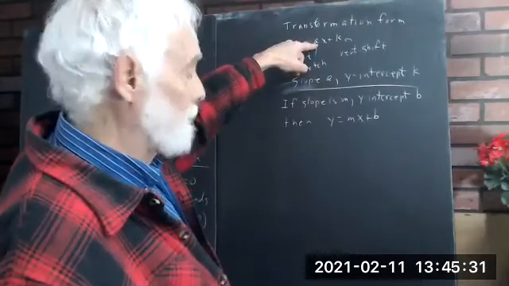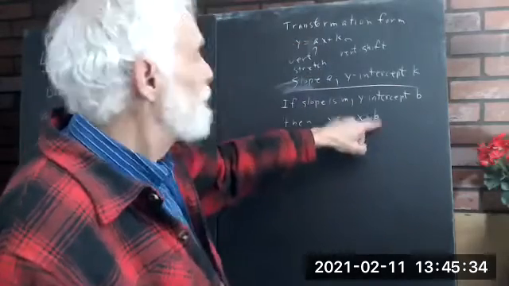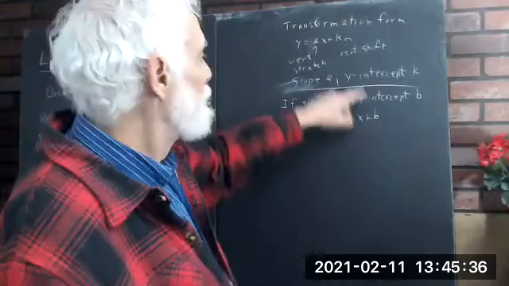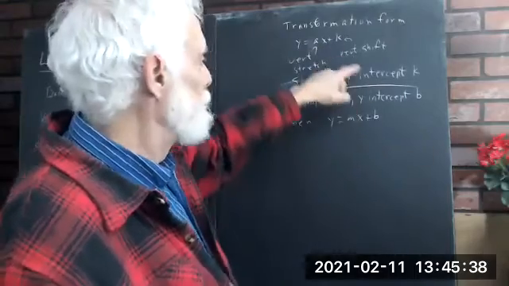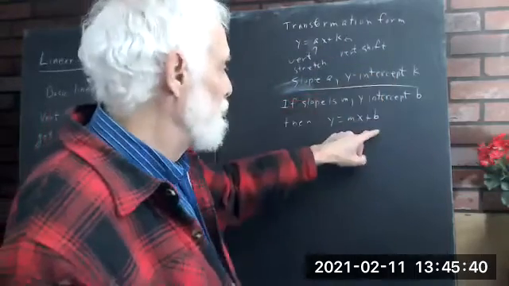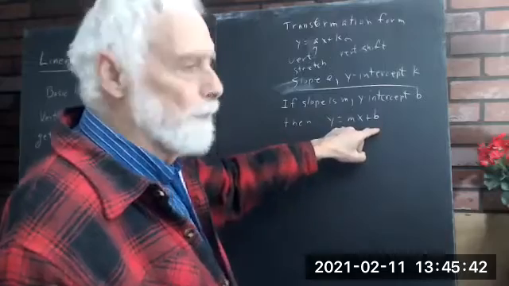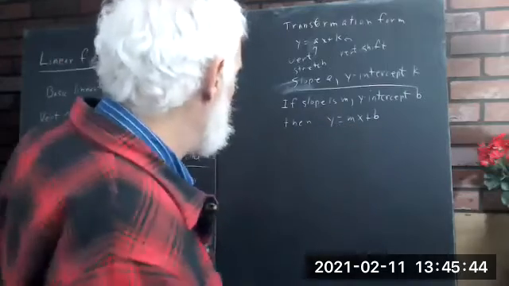So you're going to write m instead of a. And you're going to write b instead of k, because k is the vertical shift, k is the y-intercept. Now, if the y-intercept is b, we're going to write b instead of k.